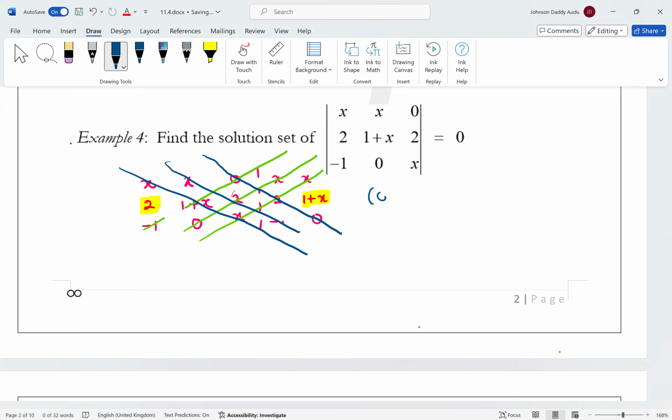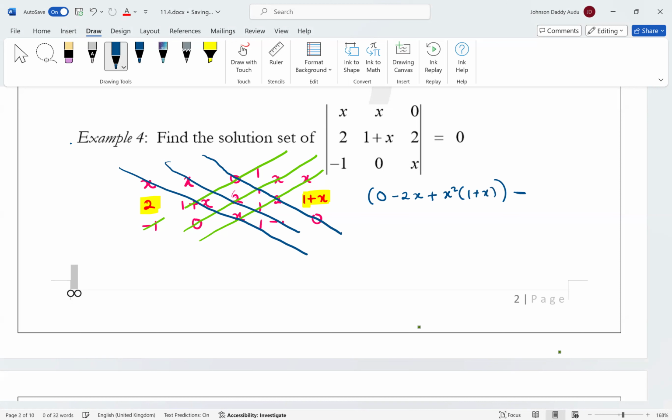It's just going to be 0. So this will be what? Minus 2x, right? Then plus, this is going to be x squared, 1 plus x.